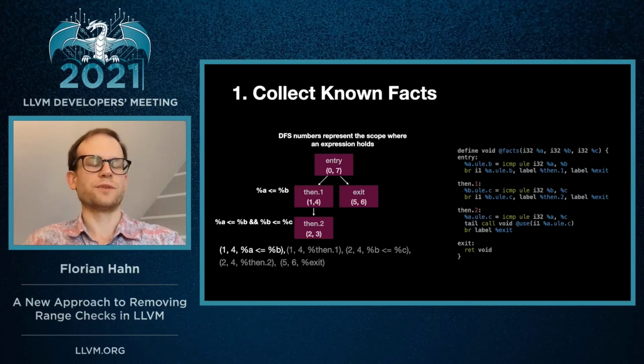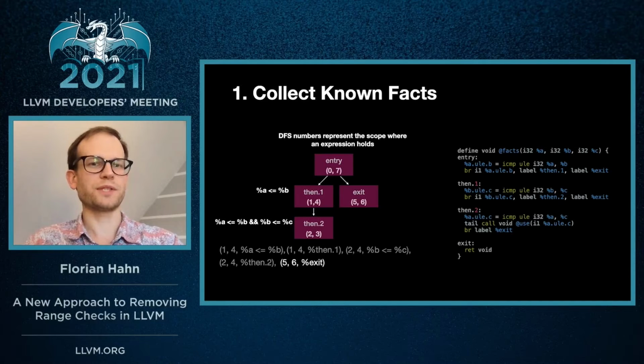So for the work list for our example, we'll start processing it and we'll first add the condition a <= b to the set of our known facts. Then we will process the then1 block and try to simplify conditions in the block using the information that's in scope at the moment.